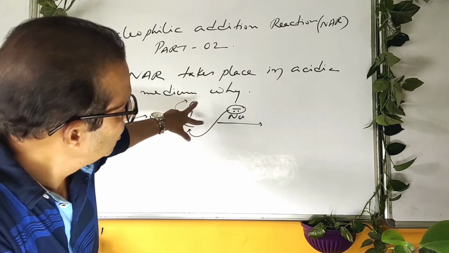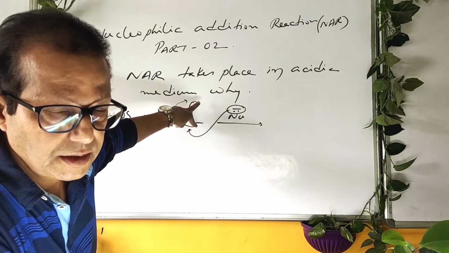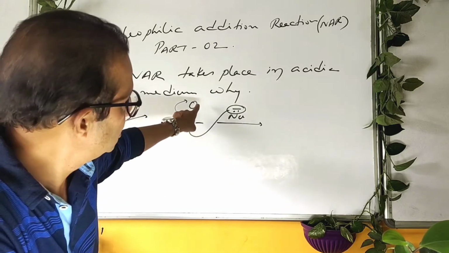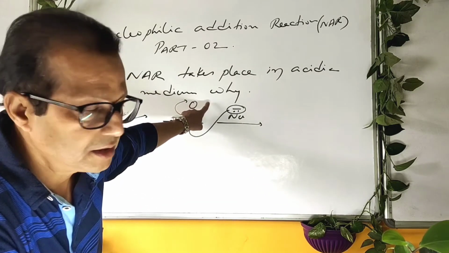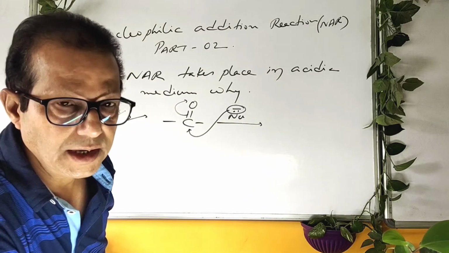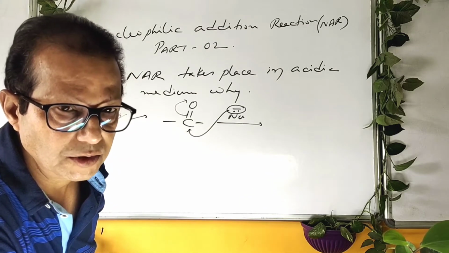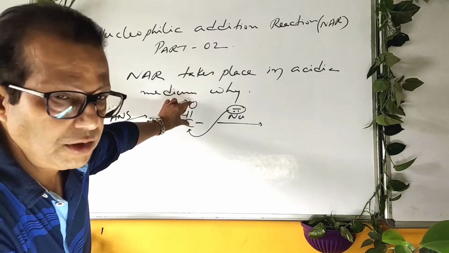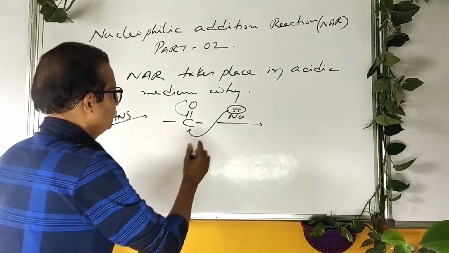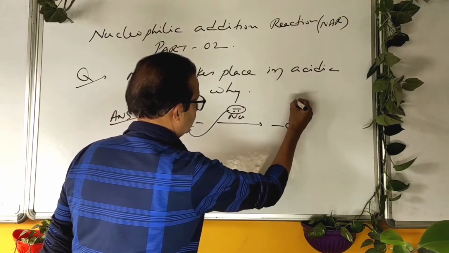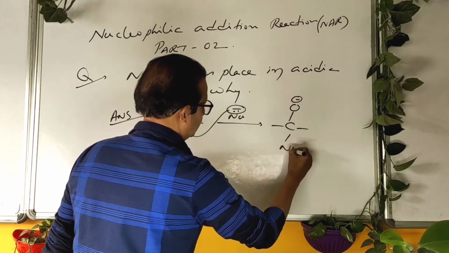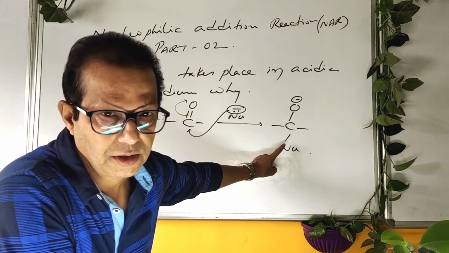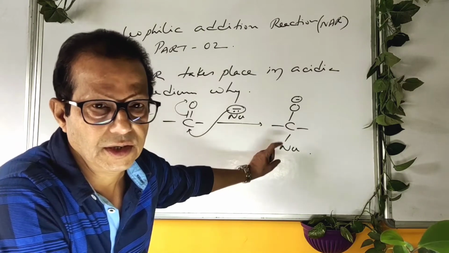That's why polarization takes place. The carbonyl group becomes polar, carbon becomes positively charged, oxygen becomes negatively charged, and the nucleophile easily gets attached to the carbonyl carbon. So the main thing is development of charge on carbonyl group. This is the main concept of nucleophilic addition reactions.